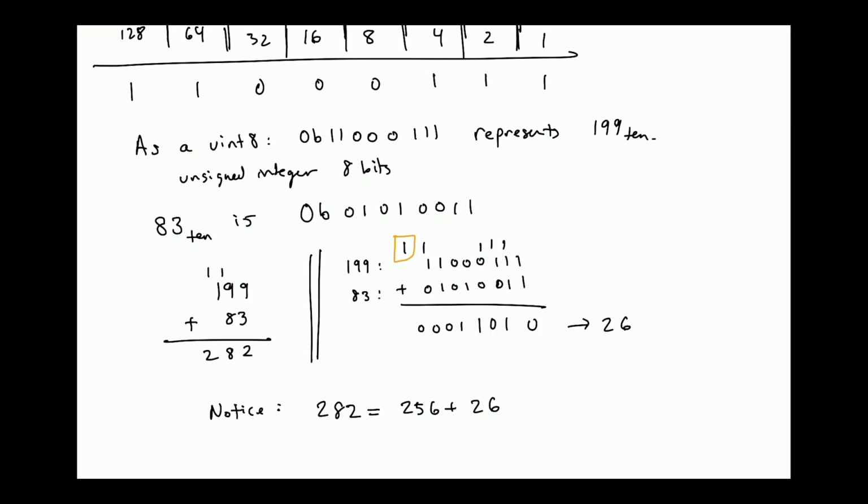So 282 and 26 are in some sense the same number because they have the same remainder upon division by 256. And why is 256 so special here? Well, how many bits are we using? 8, and what's 2 to the 8th? 256. So we are working in a clock that has 256 little things.